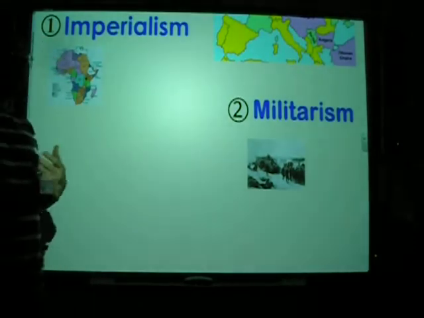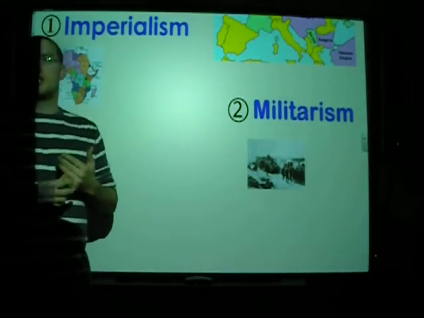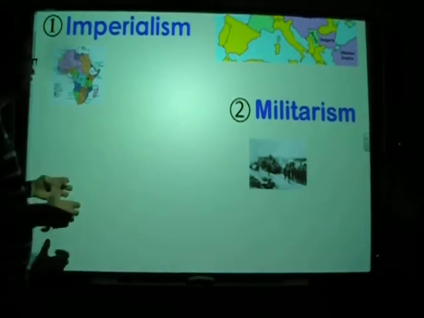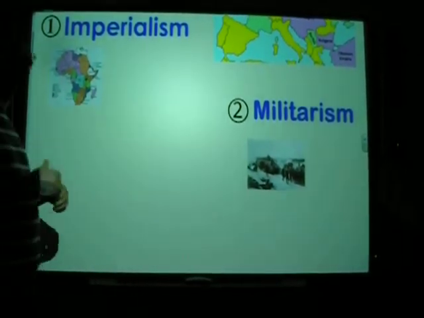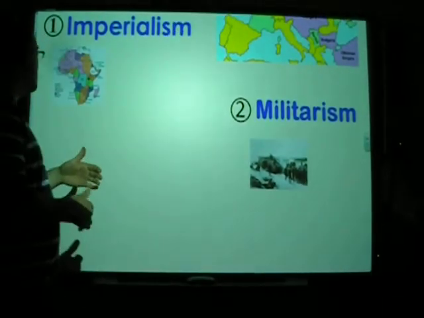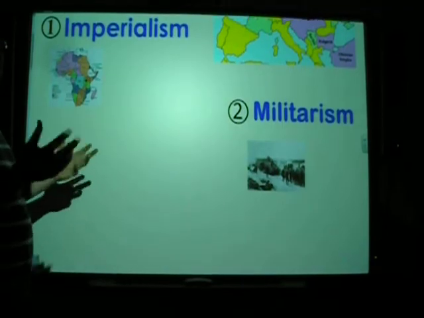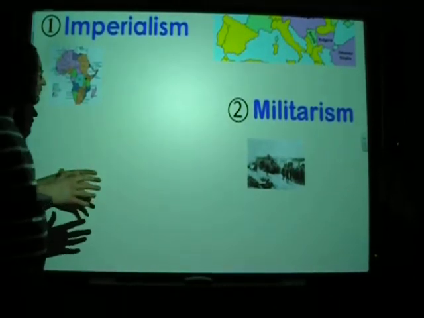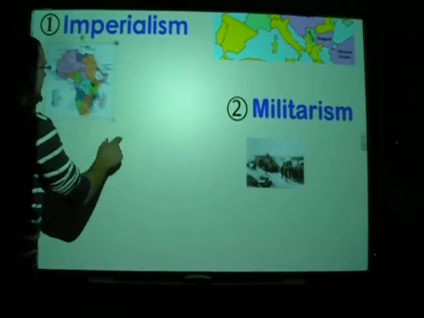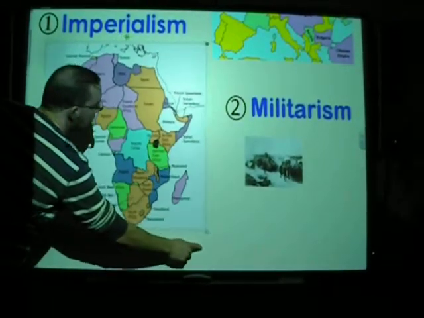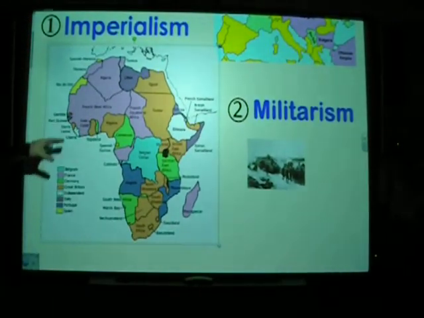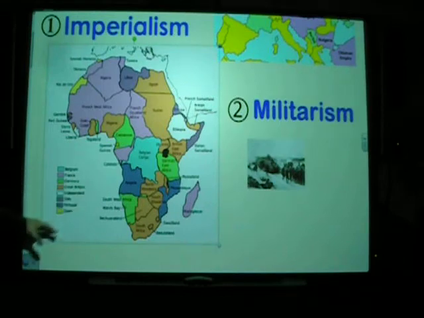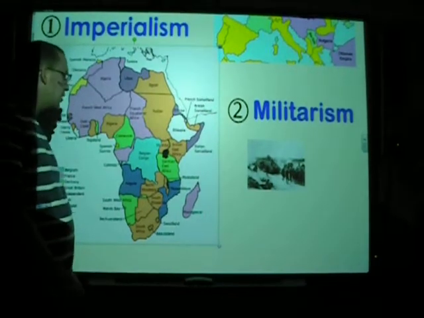You could take it to our area of the world with the British starting the American colonies. You can look at Spain coming to Mexico. You could look at the French coming to Haiti, whatever it might be. At this time, though, right before World War I, some tension was started with basically these European powers competing with each other to get land.